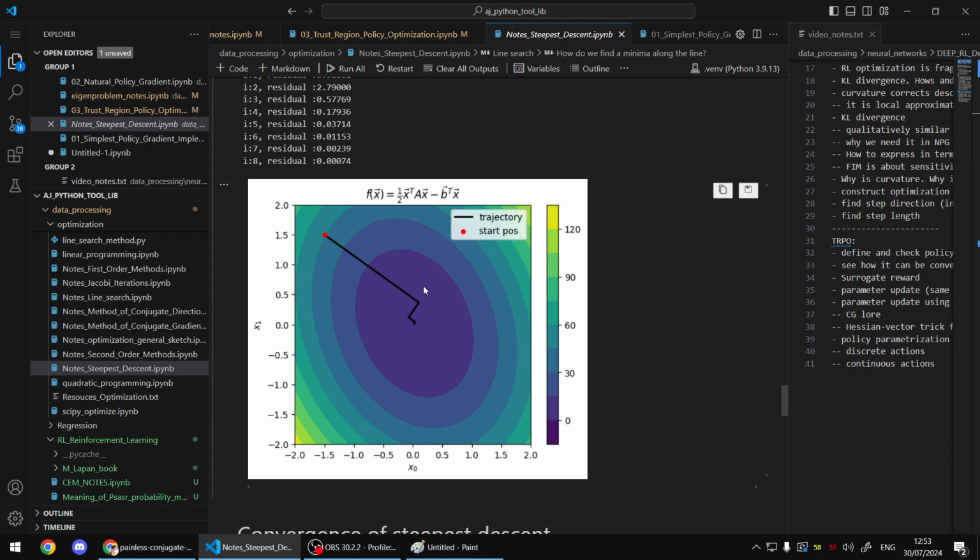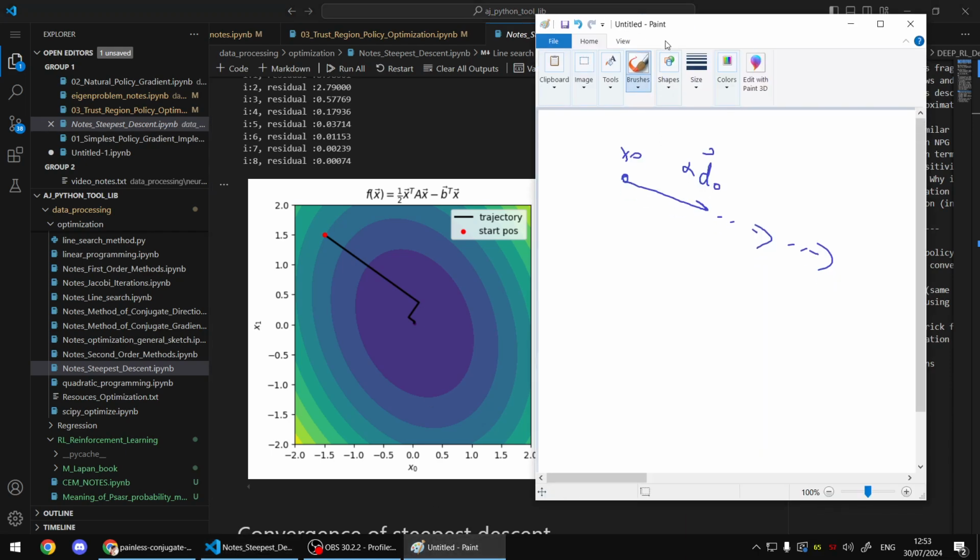And it's kind of problematic, because if we know that the true solution lies somewhere on this line and we are moving in these zigzags, yes, it does come closer and closer, right?